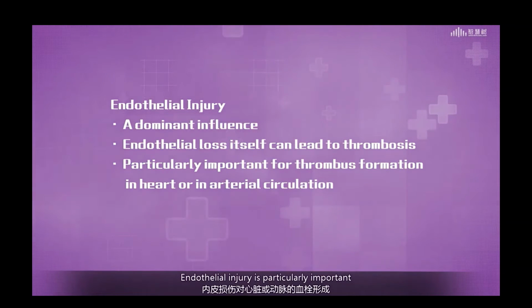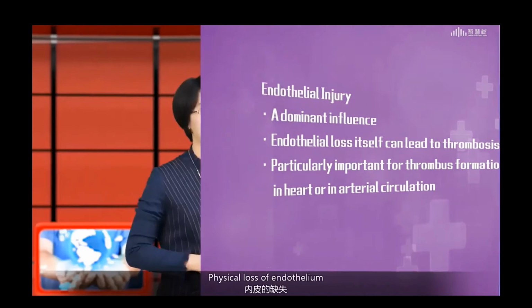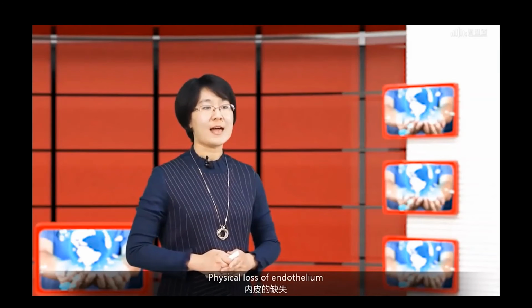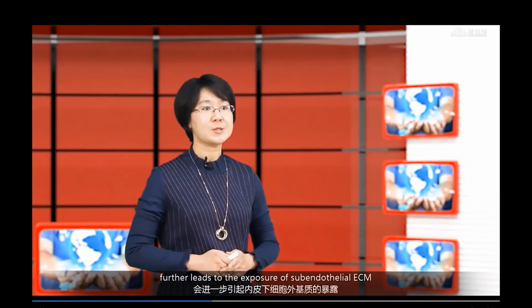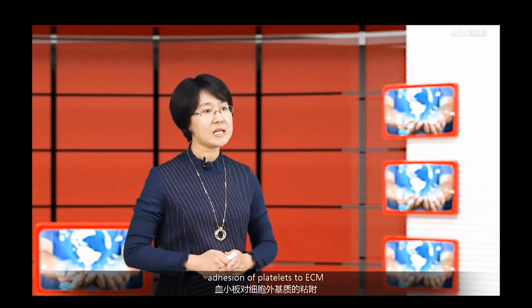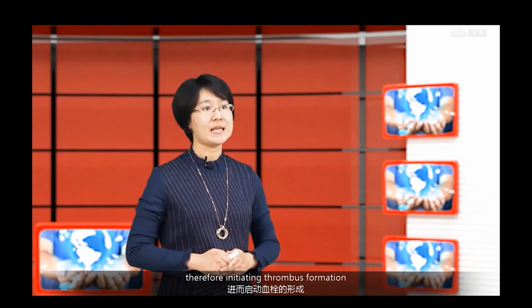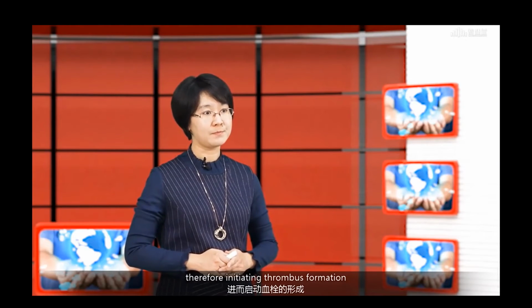Endothelial injury is particularly important for thrombus formation in the heart or in arterial circulation. Physical loss of endothelium further leads to the exposure of subendothelial ECM, adhesion of platelets to ECM, and local release of tissue factor, therefore initiating thrombus formation.